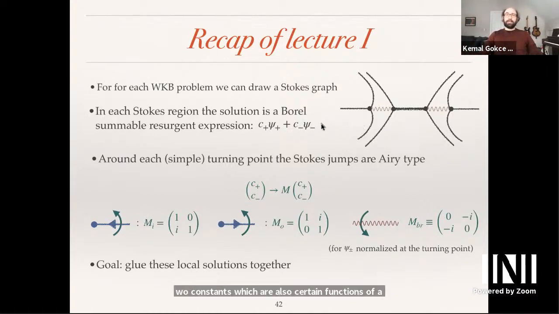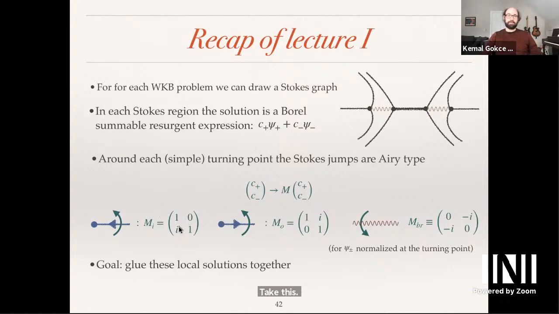Around each Airy type simple turning point, I worked out the Stokes jumps that these coefficients see. If we normalize the wave function appropriately, namely at a given turning point, these coefficients take this simple form.